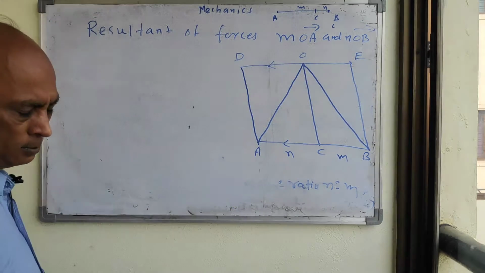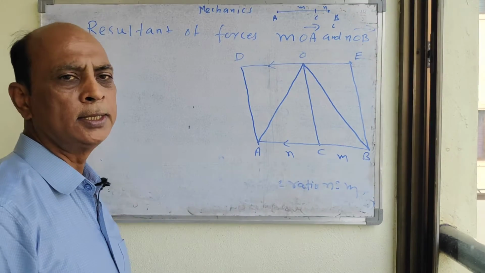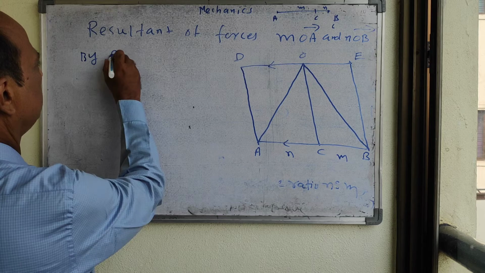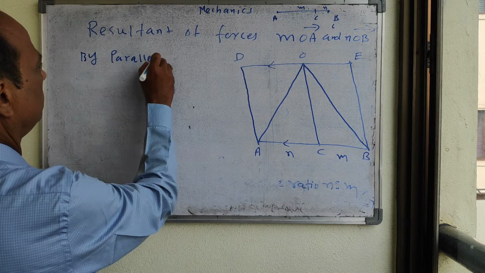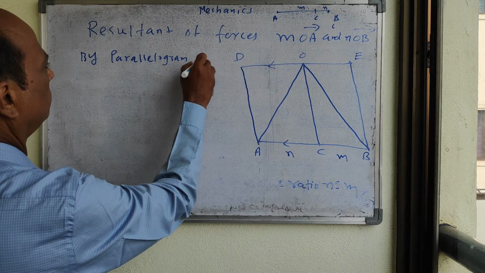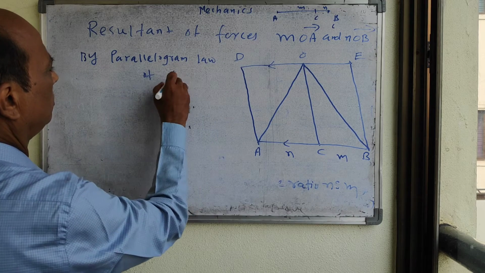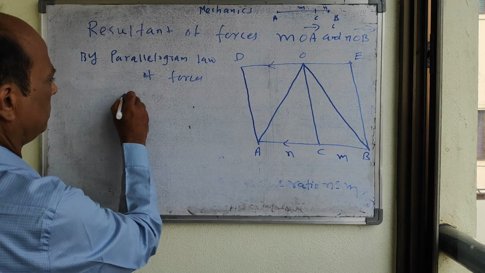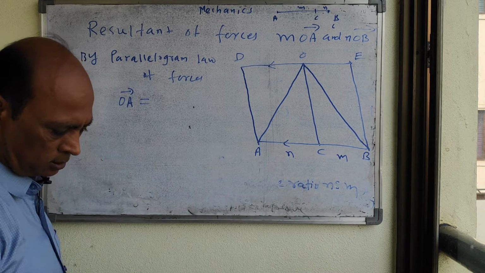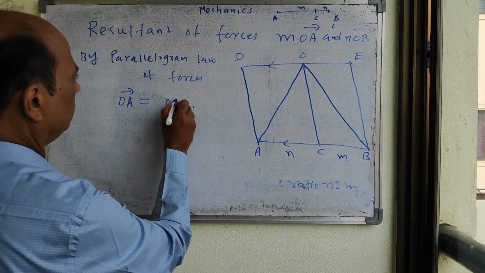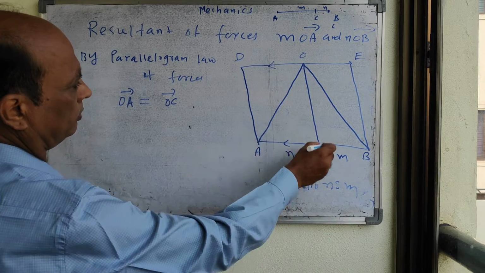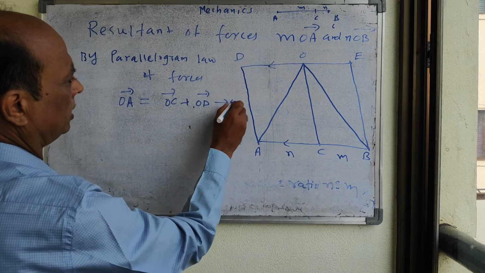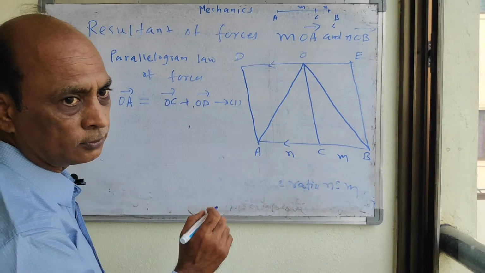By parallelogram law of forces, which you have studied, from this figure, OA bar is equal to OC bar plus OD bar. This is our equation number 1.